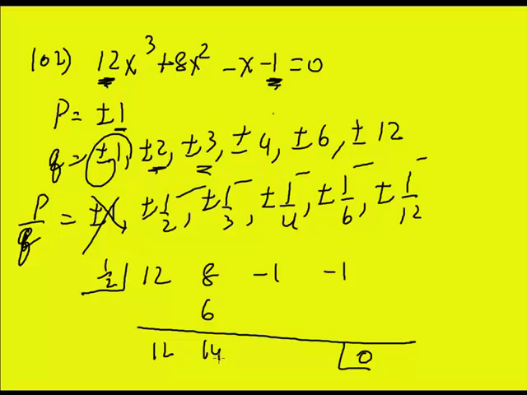You're going to get 14. Multiply, which is going to give me 7. Put it right there. Add it together. You're going to get 6. Multiply. Never mind. That didn't work.